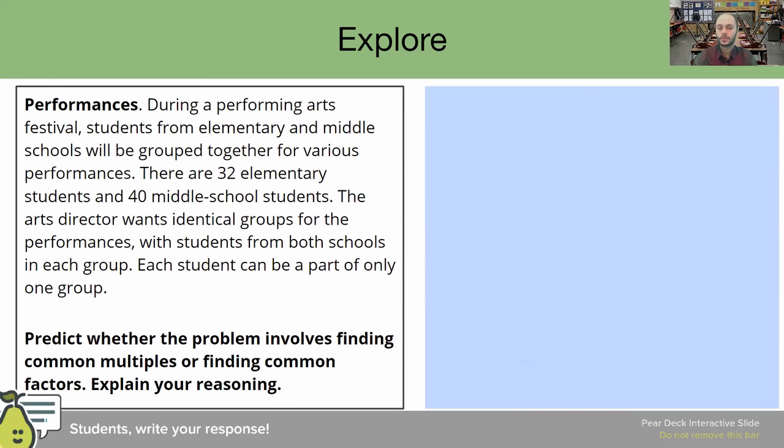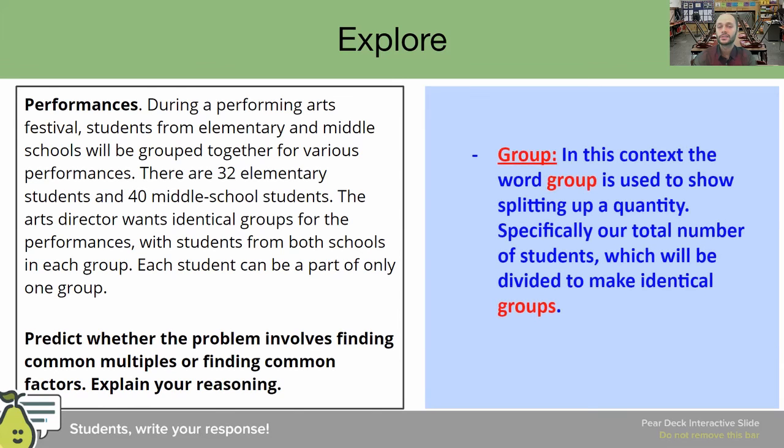Now, one of the reasons why this is a greatest common factor problem is because it mentions a very specific keyword. And that keyword is groups. Now, in this context, the word group is used to show splitting up a quantity, specifically our total number of students, which will be divided to make identical groups.